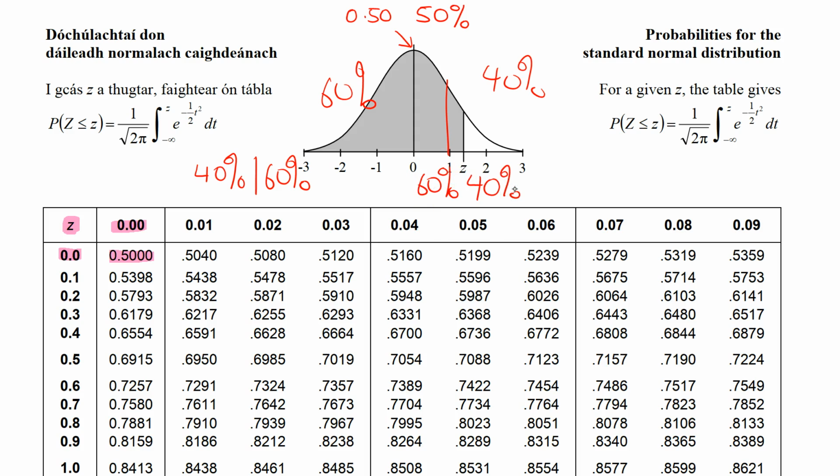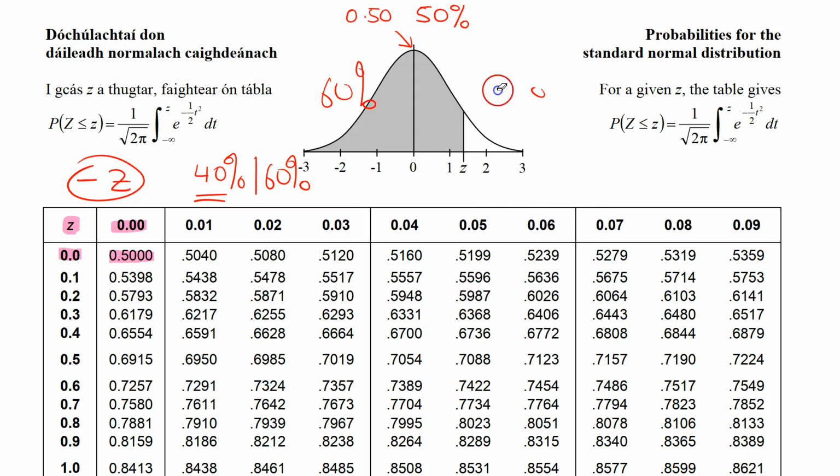The 40-60 split, because 40% is below 50, will have a negative Z score. Because this is a 60-40 split here, the 60 is above 50%, so this will have the positive Z score. But both of these Z scores will be exactly equal, because the probability still adds to 100%. So whether you look at a 40-60 or a 60-40, you're going to get the same answer.